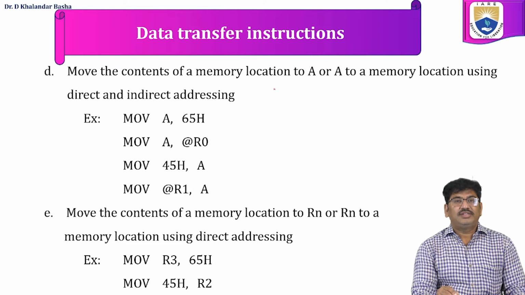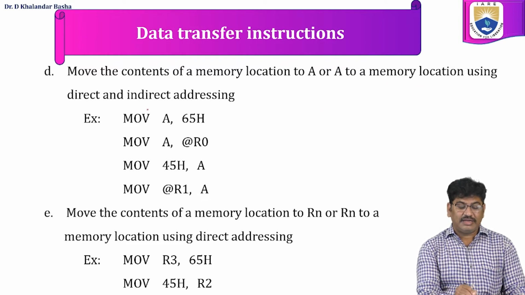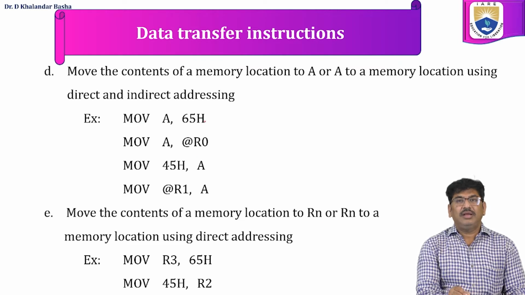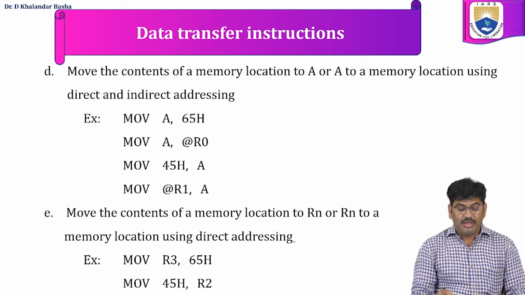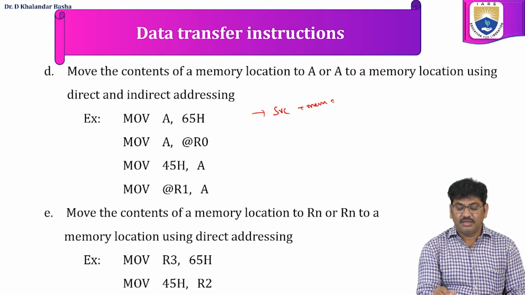Next, move the contents of a memory location to the accumulator or accumulator to a memory location using direct and indirect addressing mode. MOV A, 65H. Here the source is the memory location whose address is 65H.